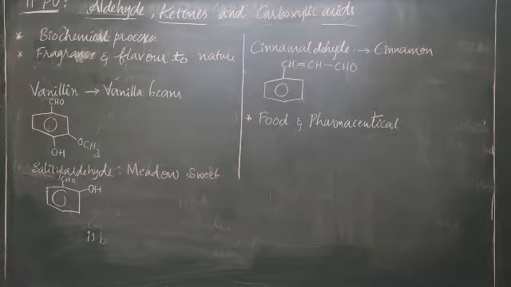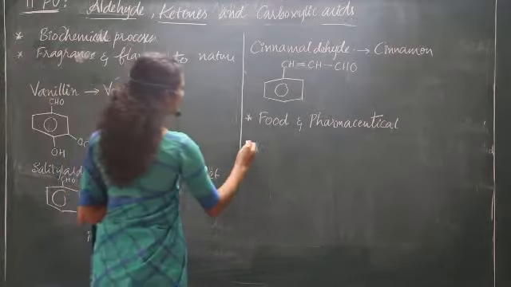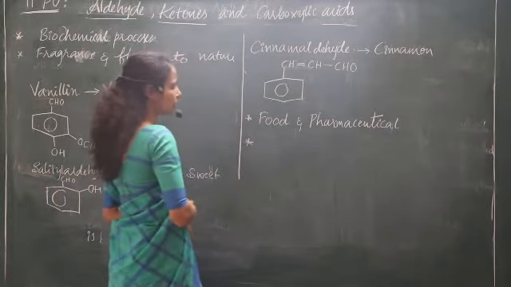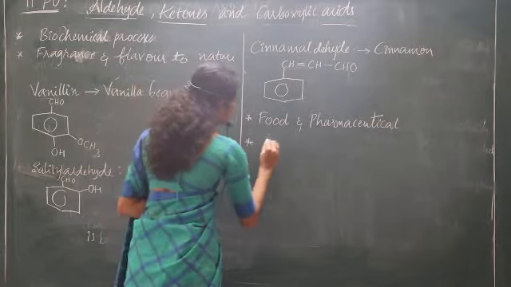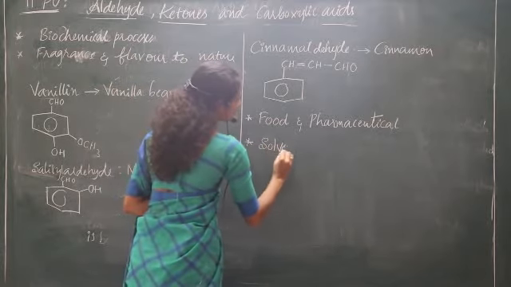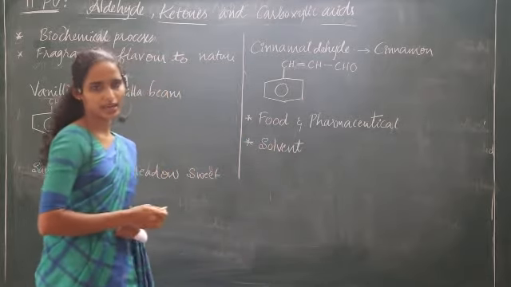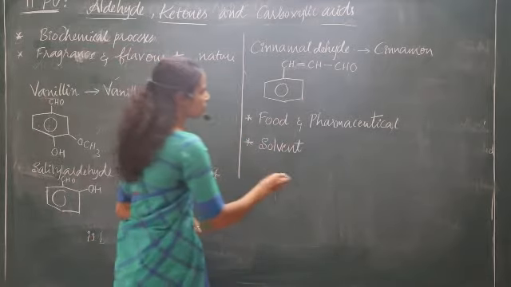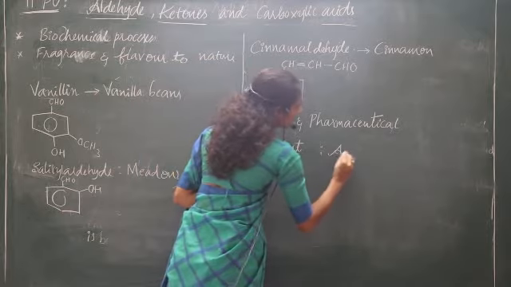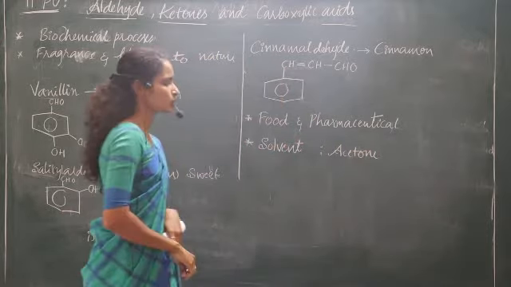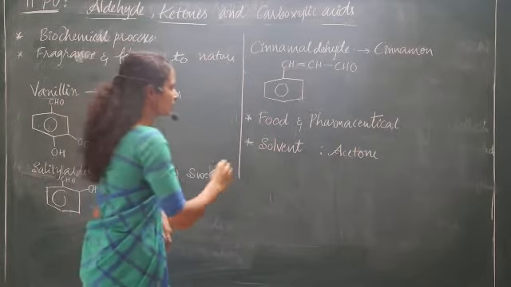Now, what are the other uses of aldehydes, ketones and carboxylic acids? They are used as solvents in chemical reactions, right? Mainly we use acetone as a solvent, one of the ketones, CH3 C double bond O CH3.